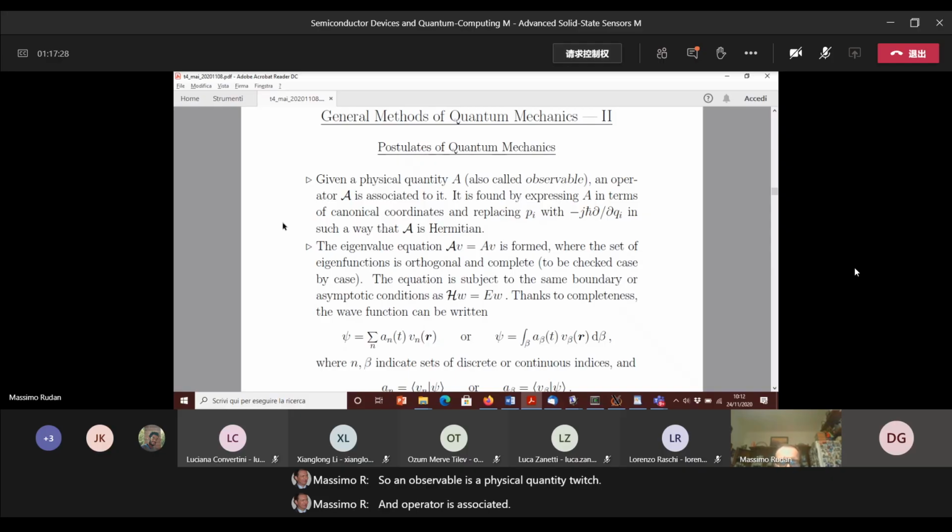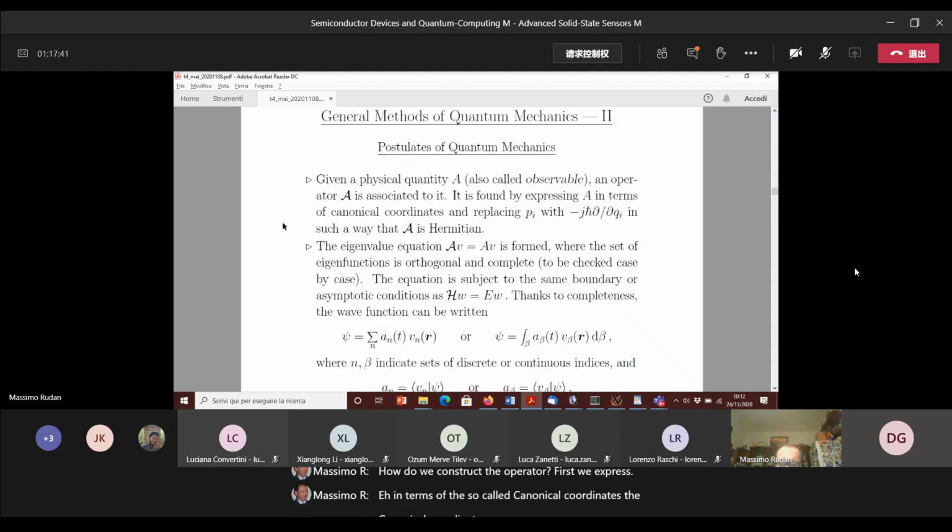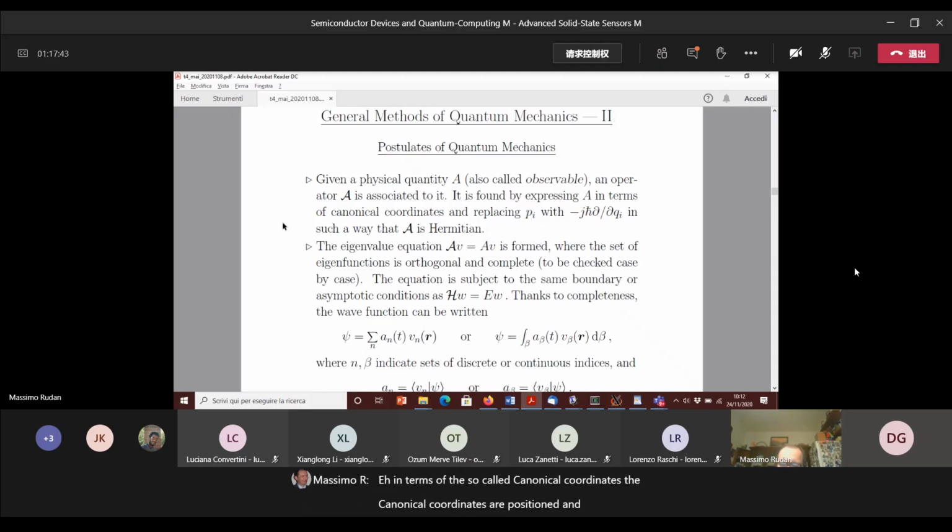How do we construct the operator? First, we express A in terms of the so-called canonical coordinates. The canonical coordinates are position and momentum coordinates. Position and momentum.